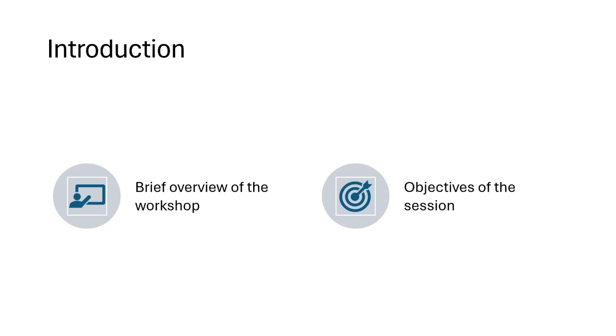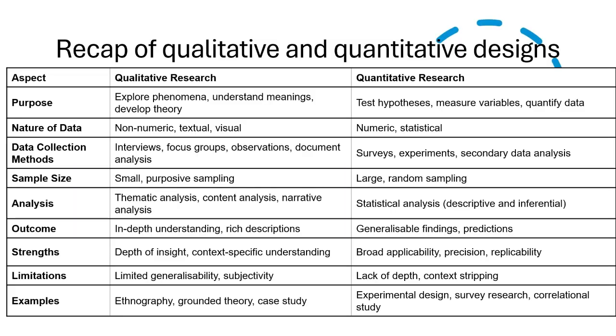Now, as we have a look at what are qualitative and quantitative designs, what do we aim to do with those, and how do they then relate to a mixed method research design? When we look at qualitative research versus quantitative research, the purpose of these types of designs is different. The purpose of qualitative research is to explore, to discover, to understand phenomena, their meanings, and potentially to develop theory.